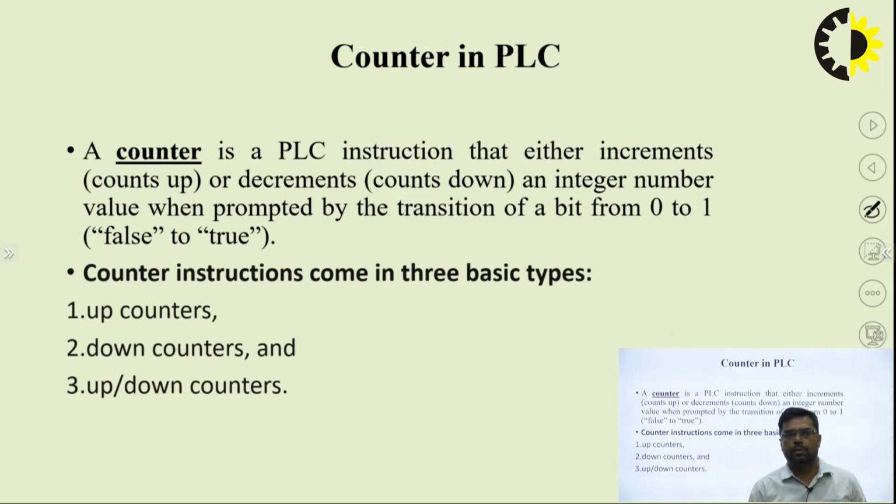Counting will be done with the up counter. On that case, the increment, if we want to change the increment by the value of 1, there we use the up counter.